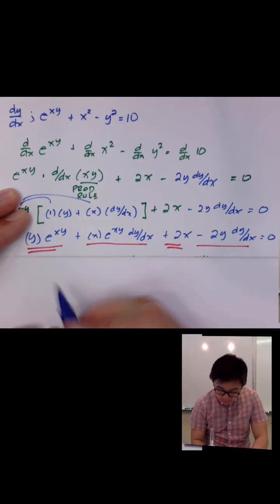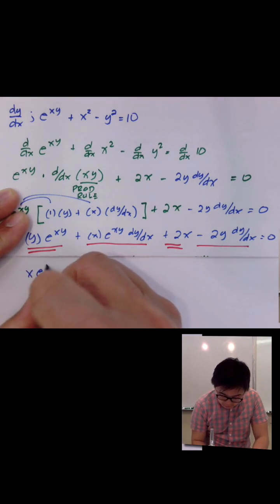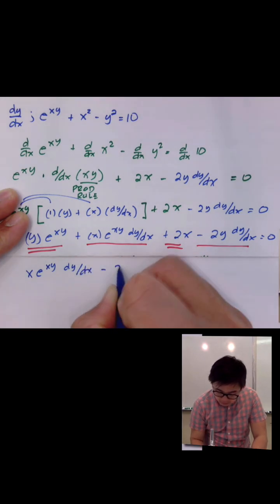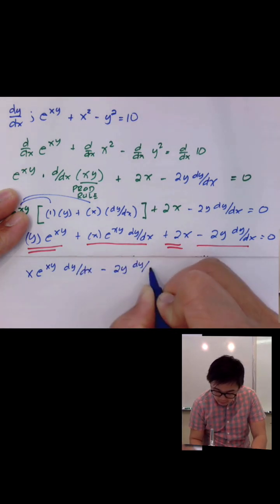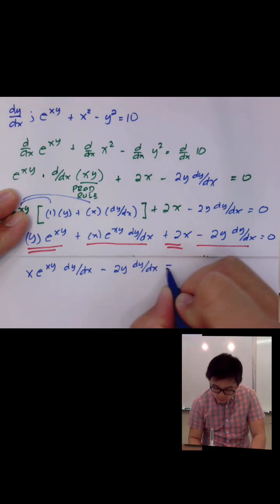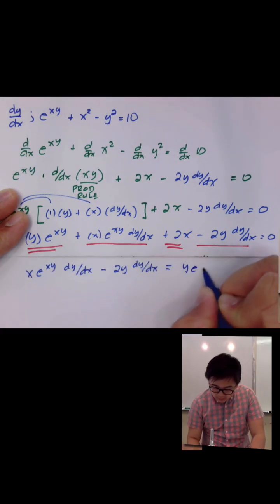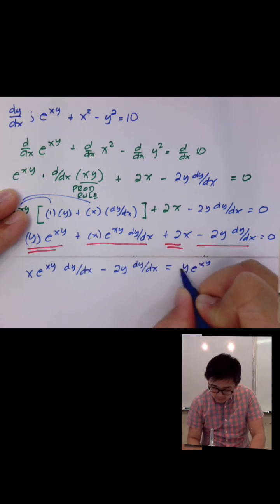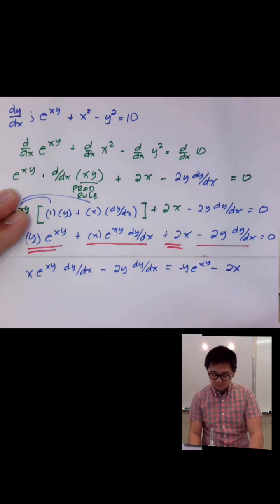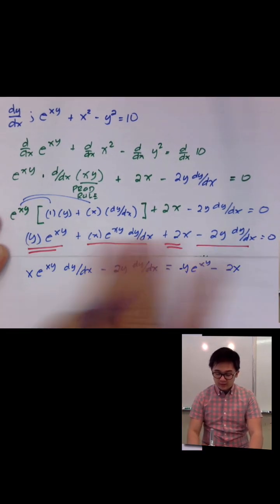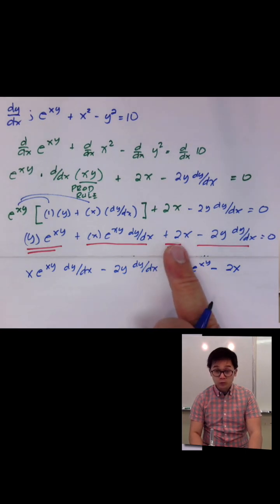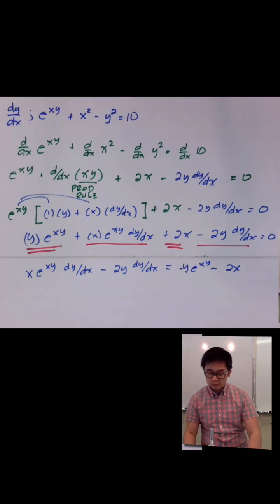So we'll end up with x e to the xy dy dx minus 2y dy dx equal to y e to the xy minus 2x. So we did that because we can subtract y e to the xy on both sides, leaving us with negative y e to the xy right here, and subtracting 2x on both sides as well will leave us with negative 2x right here.